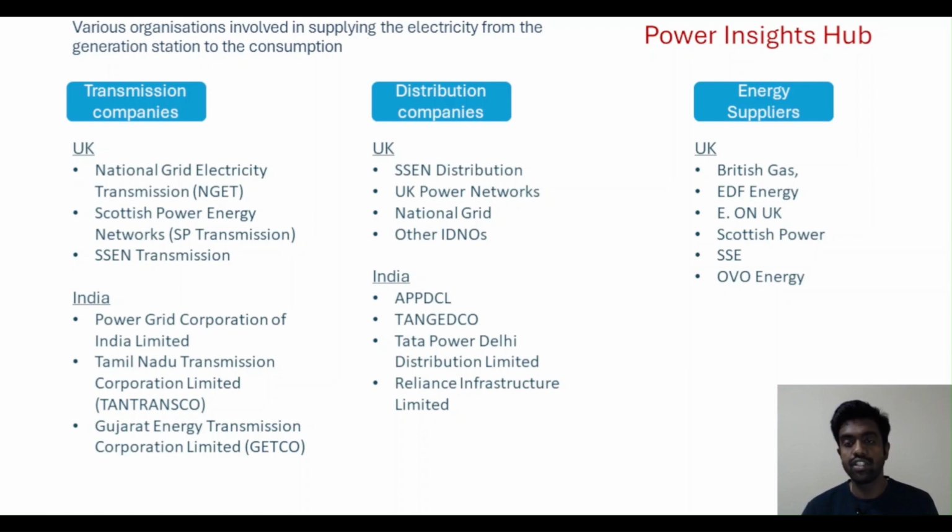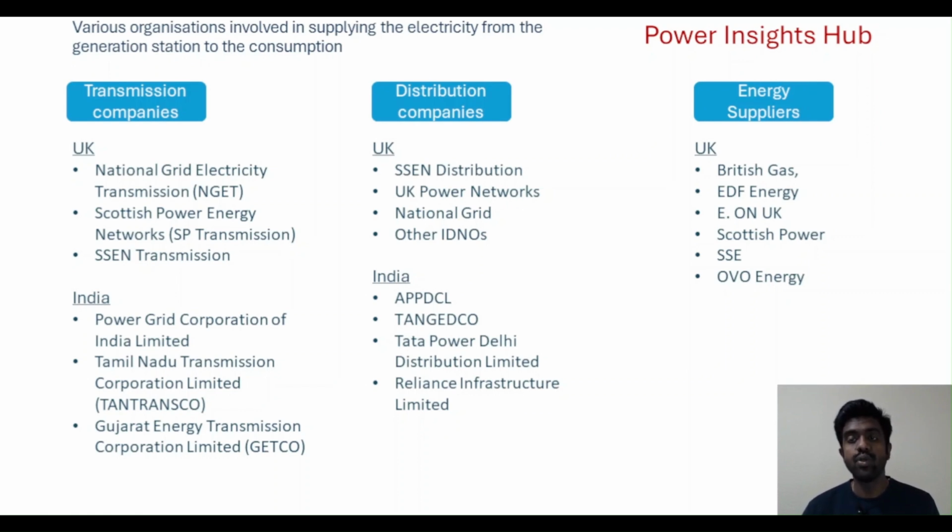The distribution companies I mentioned, APPDCL, TANGEDCO, Tata Power, own the infrastructure also, and they are the ones responsible for selling the power to customers, either commercial, industrial, or domestic customers.